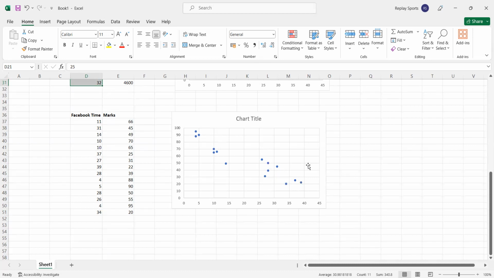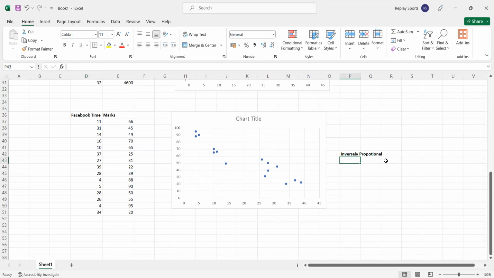So we call this inversely proportional. That means the number of hours you spend on Facebook and marks you get are inversely proportional. That is point one.